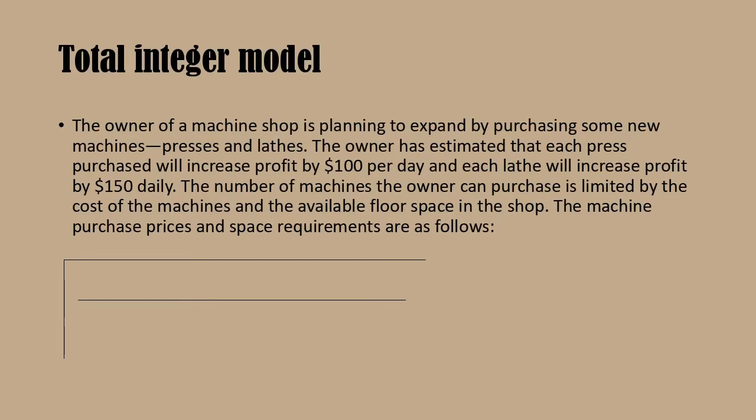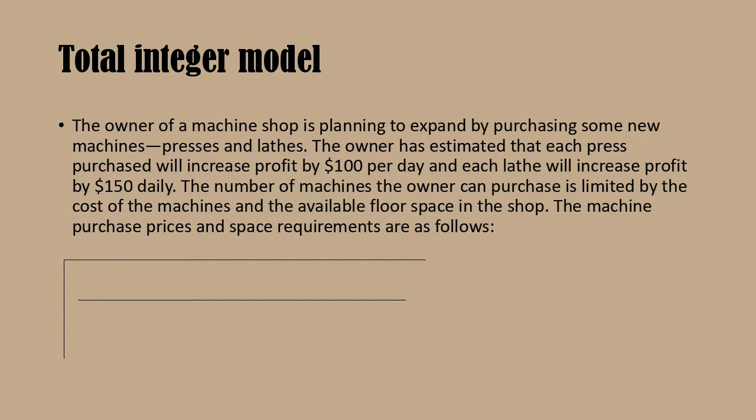Total integer model example. The owner of a machine shop is planning to expand by purchasing some new machines, presses and lathes. The owner has estimated that each press purchase will increase profit by $100 per day, and each lathe will increase profit by $150 daily. The number of machines the owner can purchase is limited by the cost of the machines and available floor space in the shop.